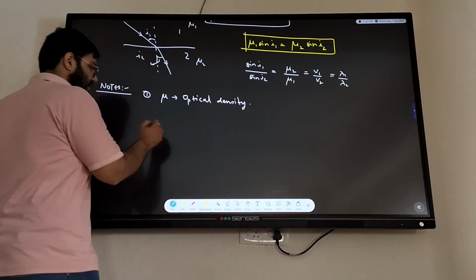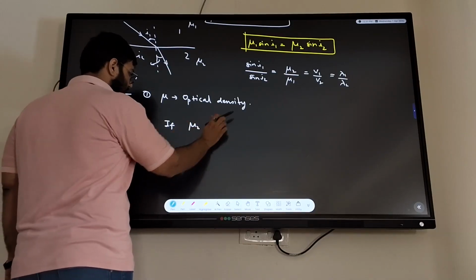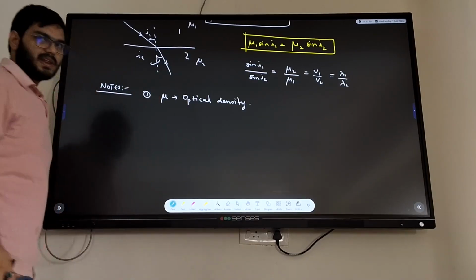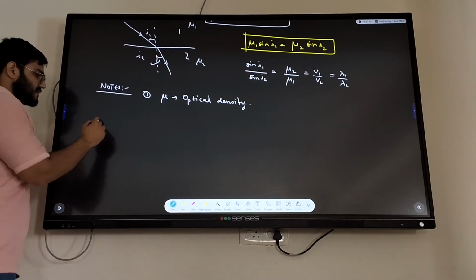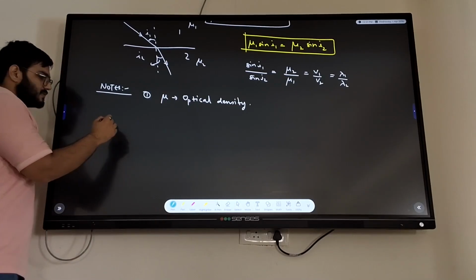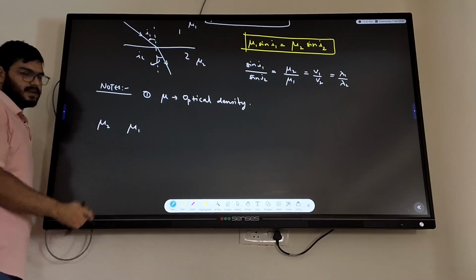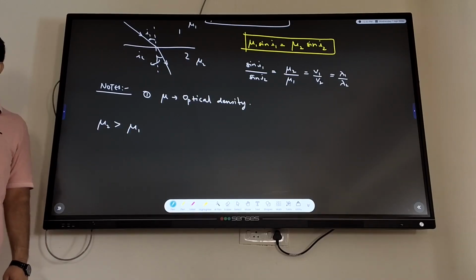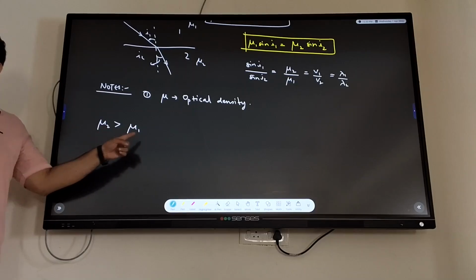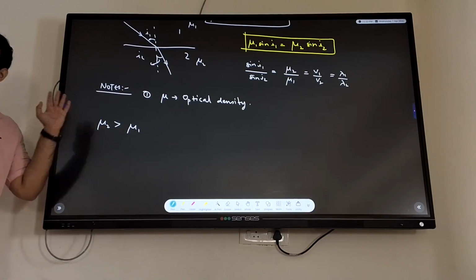So let's consider a situation where mu2 is greater. By the way, when I say some medium is rarer or denser, let me ask you this. There is a medium 2 and a medium 1, and this relationship holds. Which of them is denser, which of them is rarer? 2 is denser, 1 is rarer. Is it always denser?